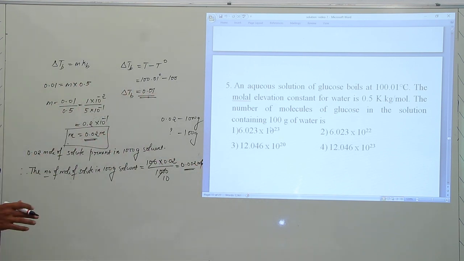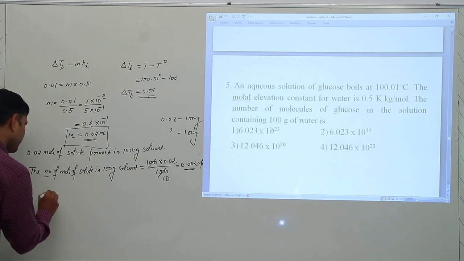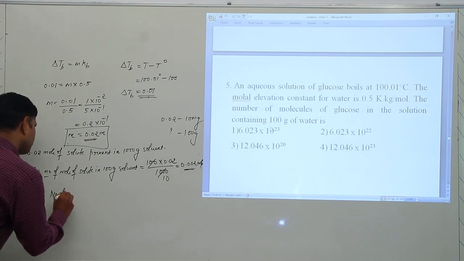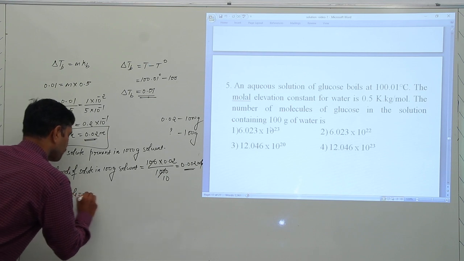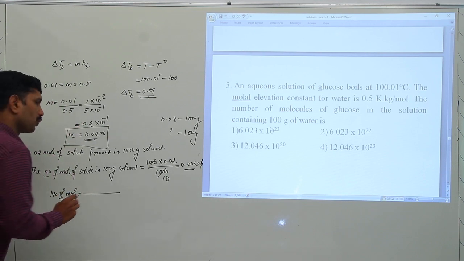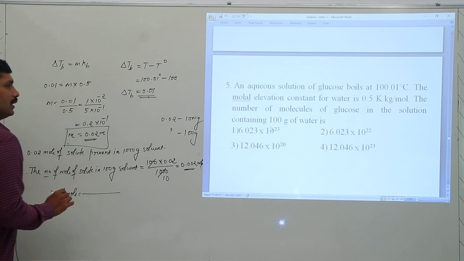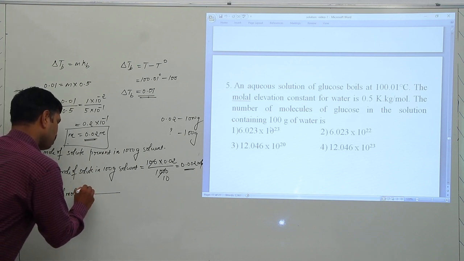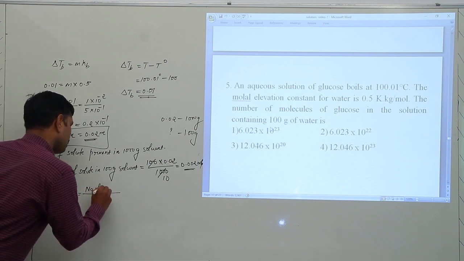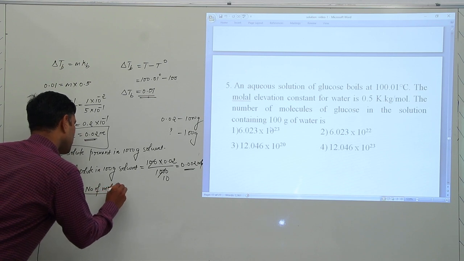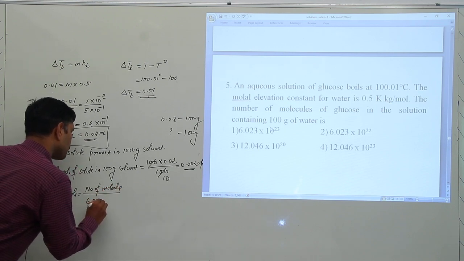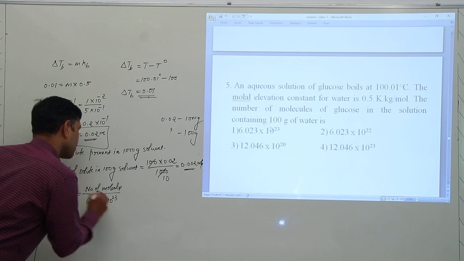Now find the number of molecules. One formula you know: number of moles is equal to number of molecules divided by 6.023 into 10 to the power 23. You studied this already.